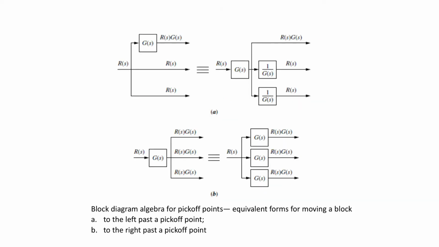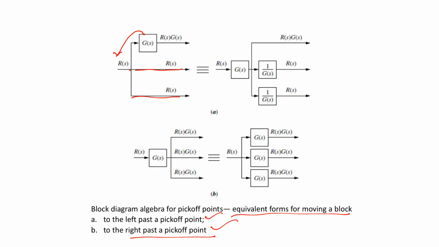Now let us take the case of the pick-off points. Now equivalent form of moving a block to the left past a pick-off point and to the right past a pick-off point. So this is the pick-off point and we want to move this block to this. Here whatever the signal is going is R(s), here the signal is going is R(s).